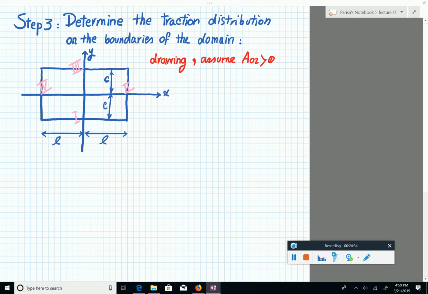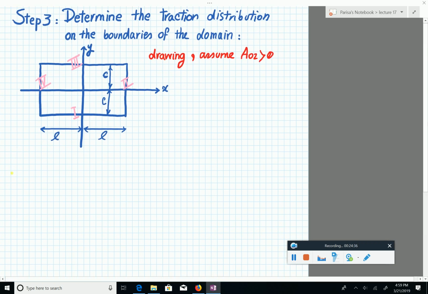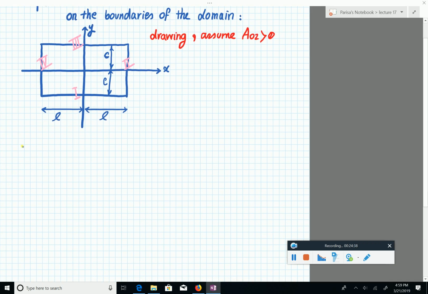Okay. So now boundary 1. You are now all experts, you can write the traction. You have sigma xx, sigma yy, sigma xy. So you know how to write the traction.